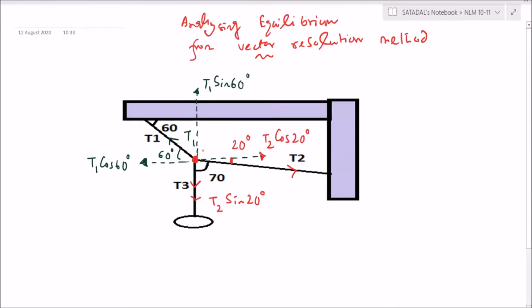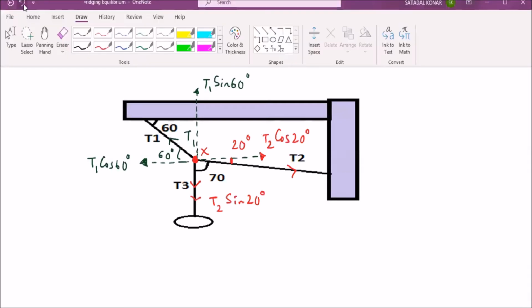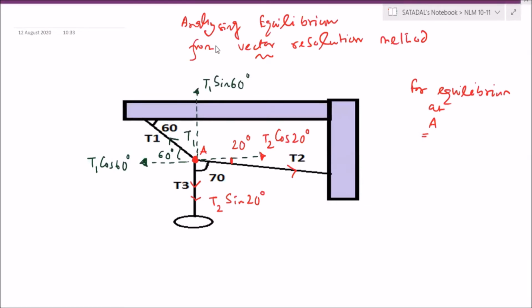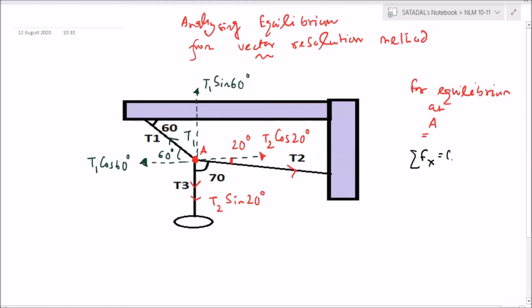So now think about this point, this is point A. For equilibrium at A, the condition is very simple: summation of Fx has to be 0.